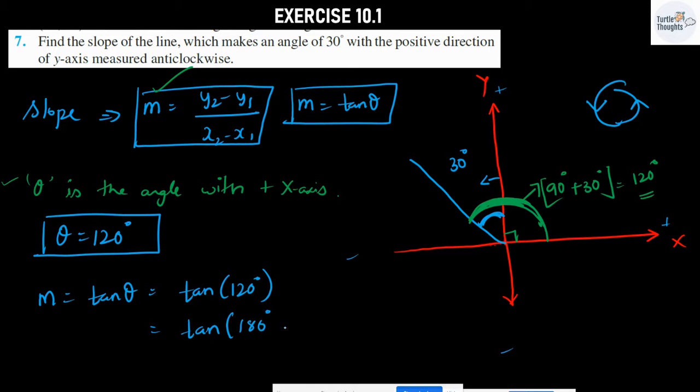Can you write it as 180 degrees minus 60 degrees? Now, tan of 180 minus 60 is going to be minus tan 60 degrees. Tan 60 degrees is root 3, right? So minus root 3 is going to be your slope. Clear?